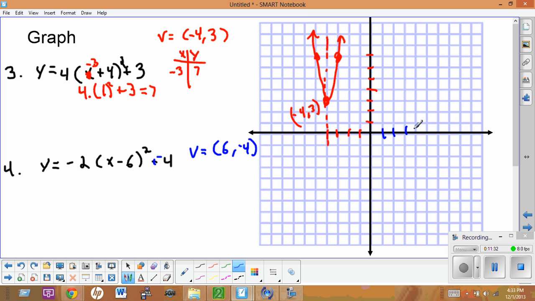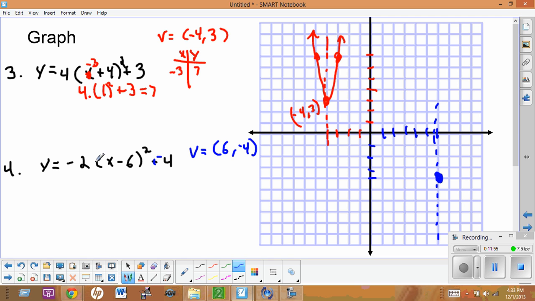1, 2, 3, 4, 5, 6. 1, 2, 3, 4. So every vertex has been the same: the opposite of what's inside, and the number following the plus sign. Okay, axis of symmetry goes right through it. That's just a characteristic we already know. And lastly, we just simply need another point. Okay, I'm going to go one less.